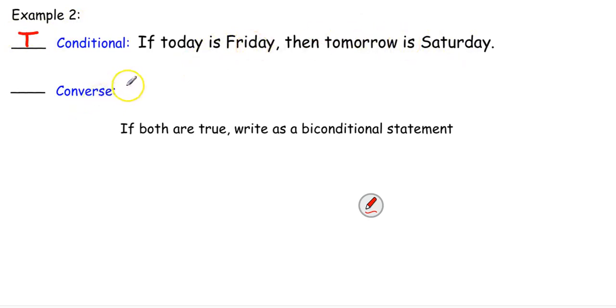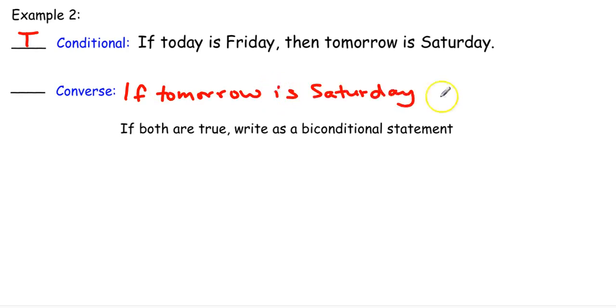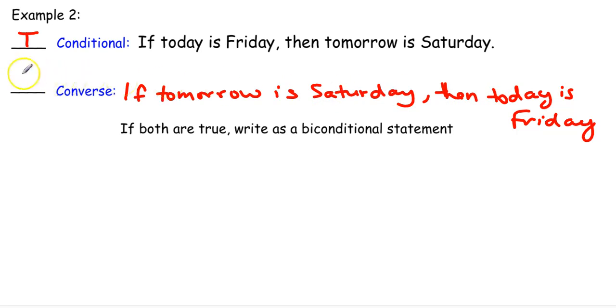So if I switch to the converse, I would say if tomorrow is Saturday, then today is Friday. Well, that sounds pretty good too, right? If tomorrow is Saturday, then you guys would know today is Friday. So these are both true, which means we are allowed to write the biconditional statement out.